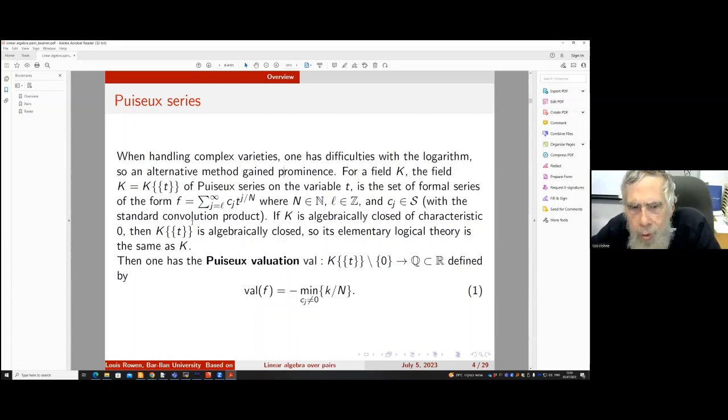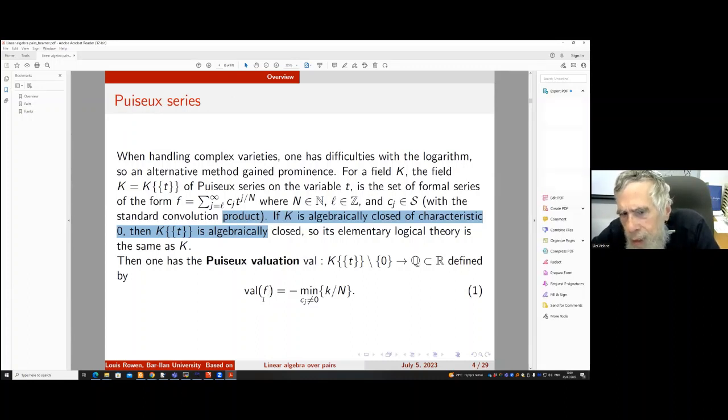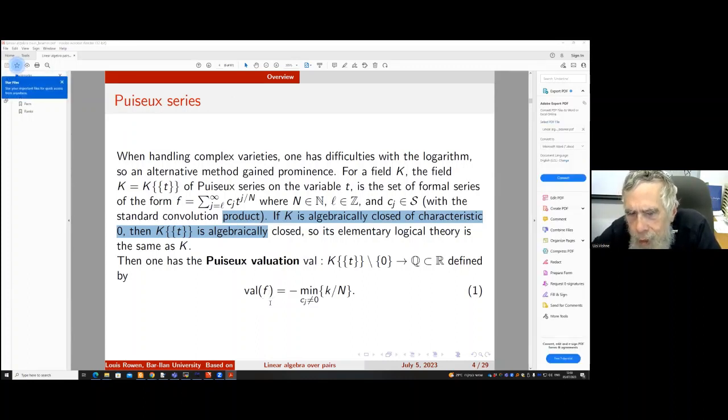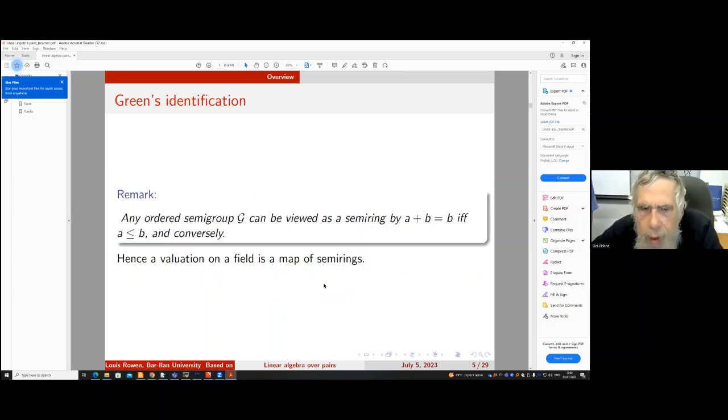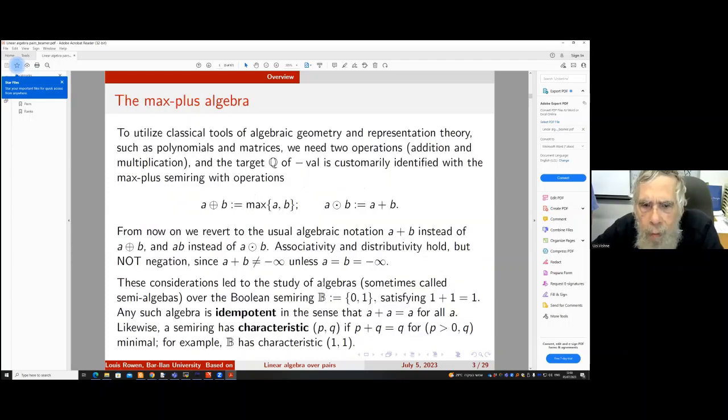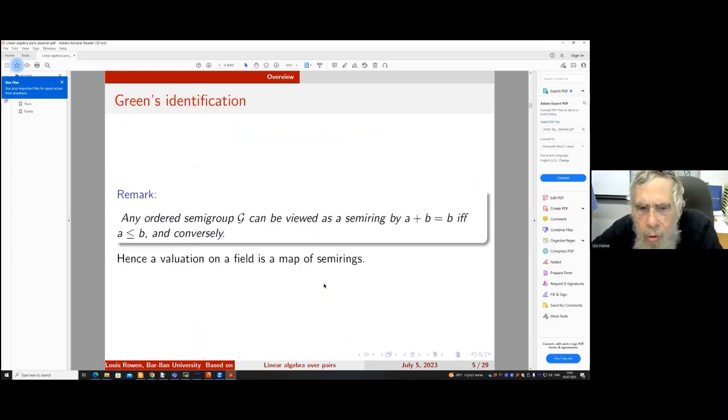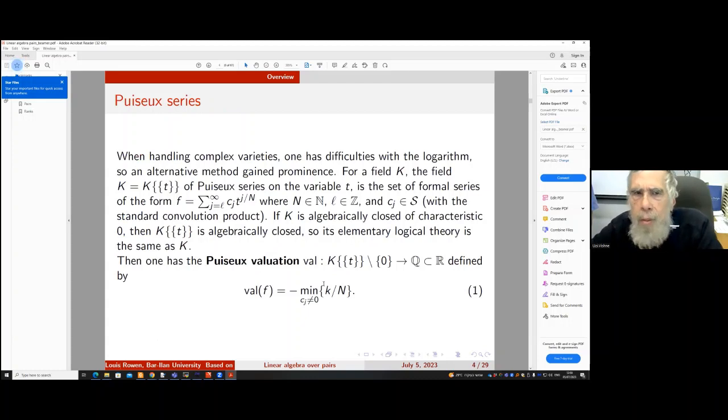The specific definition is given here, and this has a valuation, namely the leading term, or negative, the minimum term. So this was the substitute for the max plus algebra.